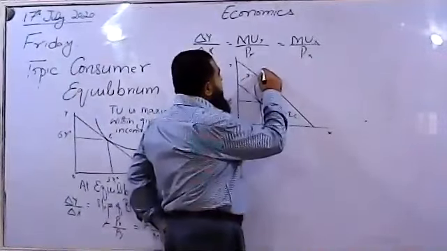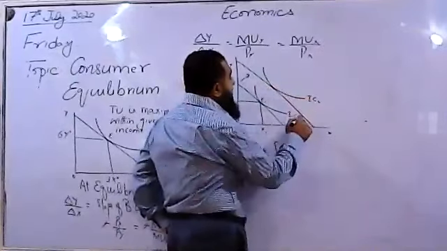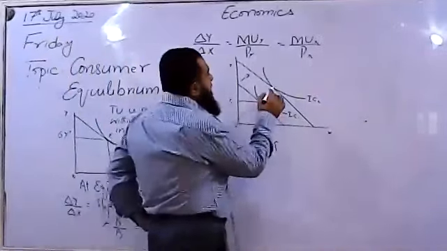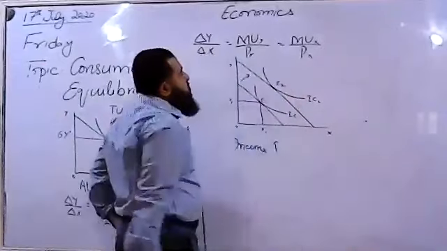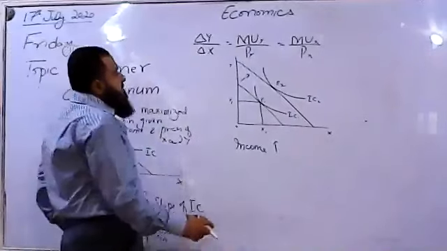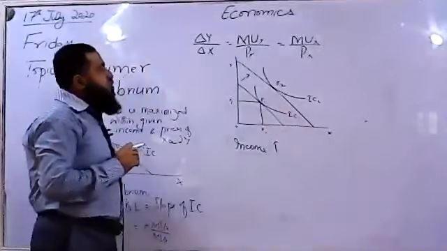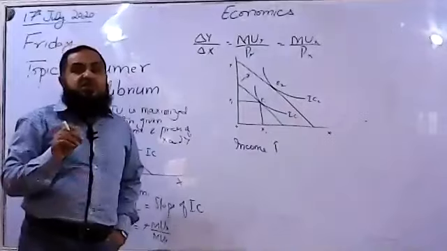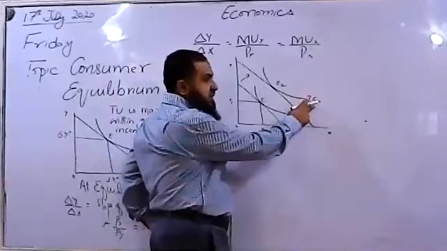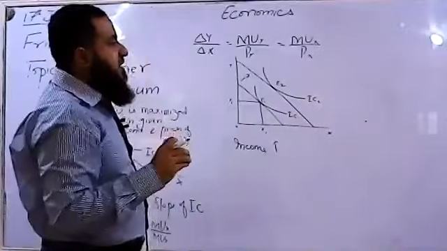Due to the increase in his income, the consumer will now be consuming at a higher indifference curve. His equilibrium has shifted from E1 to E2. Now both goods X and Y are consumed in more quantity, and consumer welfare has also increased, because he is now reaching a higher indifference curve which was previously unattainable within the given income and prices of the two goods.